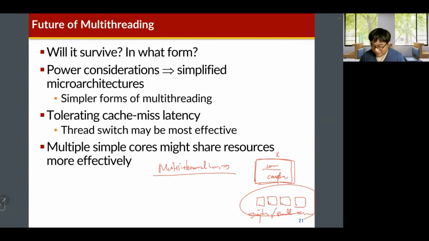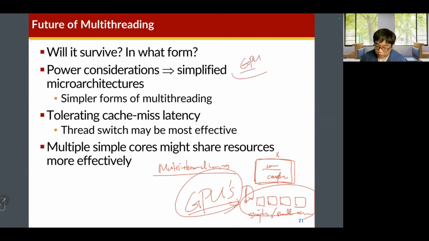So this model can be more efficient if our applications can be parallelizable. Actually, this is the GPU's execution model.